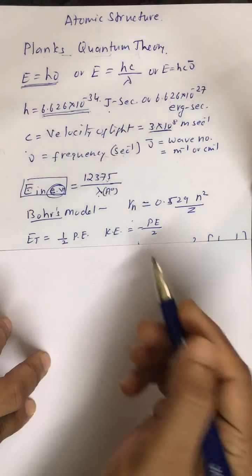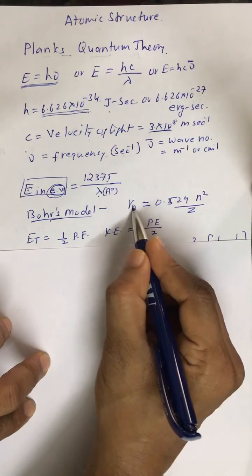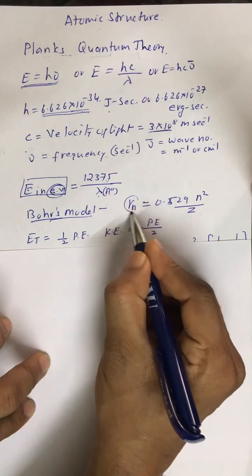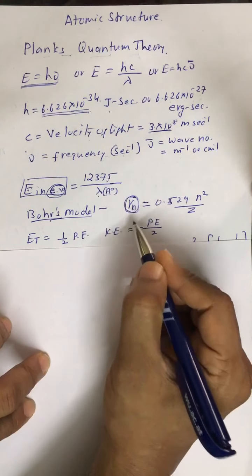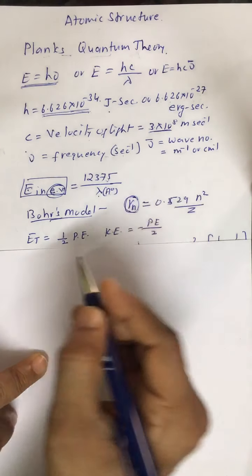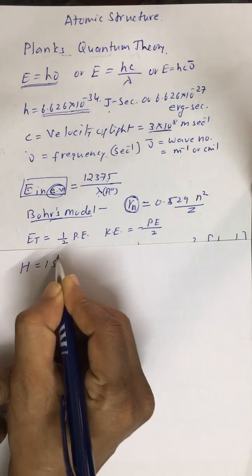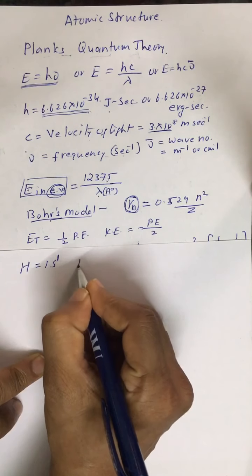Then from Bohr model we get certain relations. These are very important. That is radius of nth shell. If you want to calculate radius of nth shell for hydrogen like species, hydrogen has 1s1 configuration.